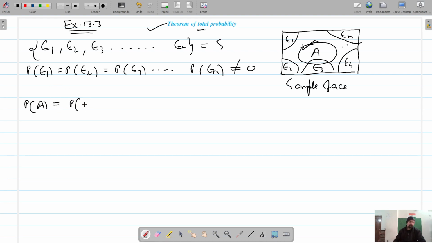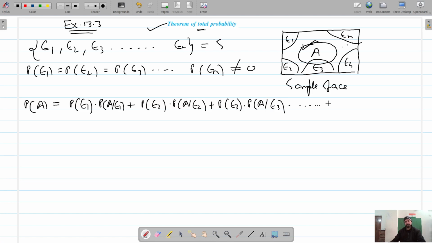It should be probability of event E1 into probability of event A when E1 has happened, plus probability of event E2 into probability of event A when E2 has happened, plus probability of event E3 into probability of event A when E3 has happened, and it goes on till the nth event, that is probability of En into the probability of A when En has happened.